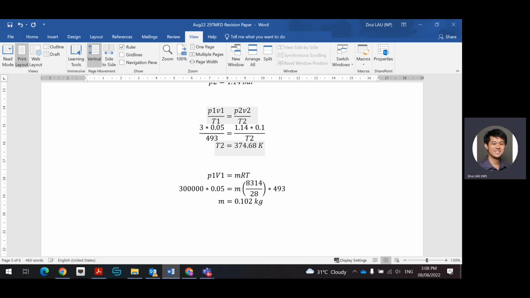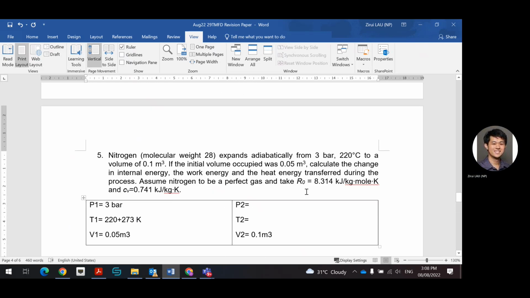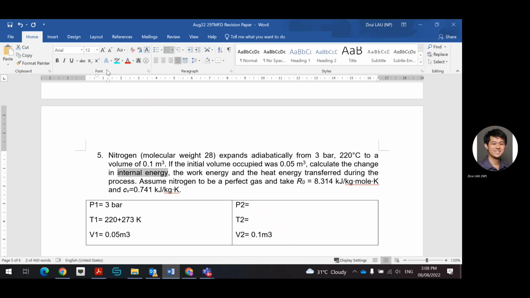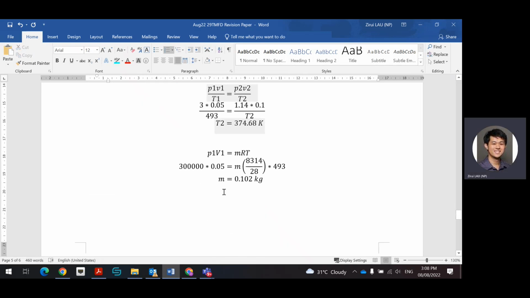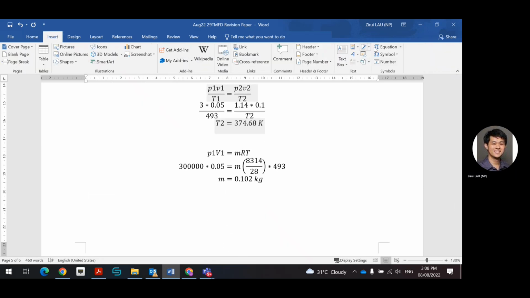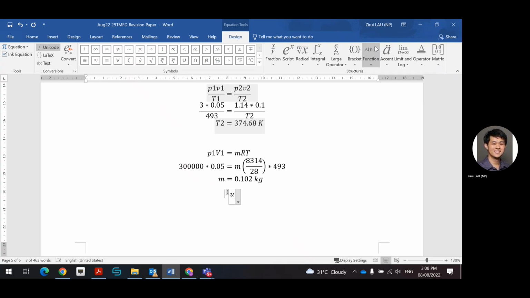So the moment we have that, we can start to solve the question. So first one, what is my internal energy? What is the formula? U2 minus U1 is equal to M CV (T2 minus T1).